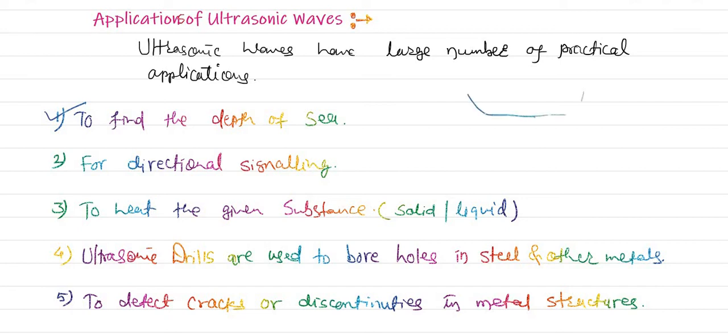Maybe you have seen this type of diagram at school level. This is a ship, and on this ship we have one sender, the ultrasonic wave producer or oscillator, which produces the ultrasonic waves, and one more, the receiver.